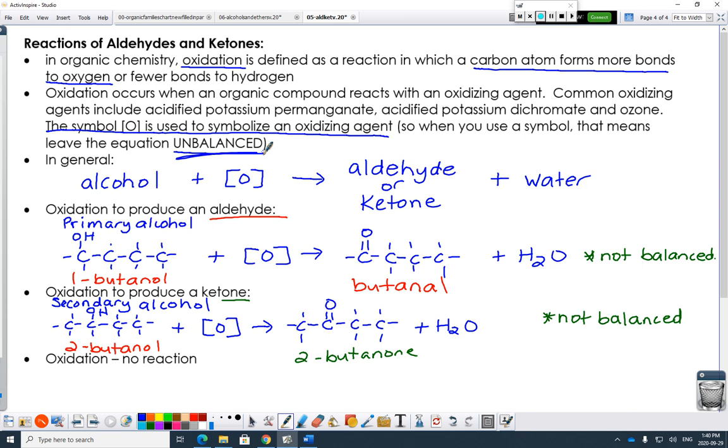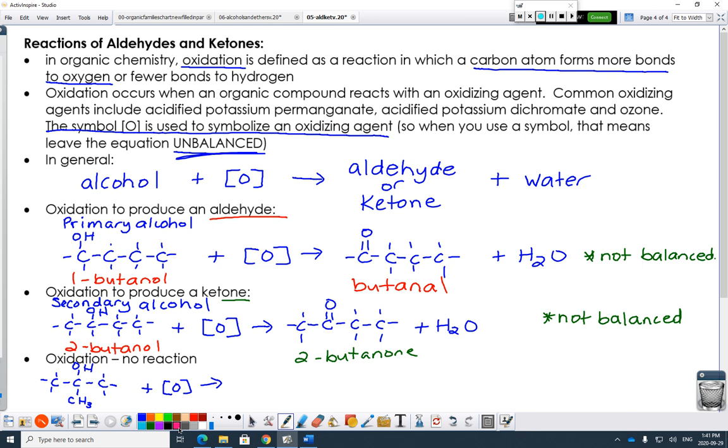By default, that's probably tertiary. So in this tertiary alcohol, you want to try to make more bonds to oxygen.